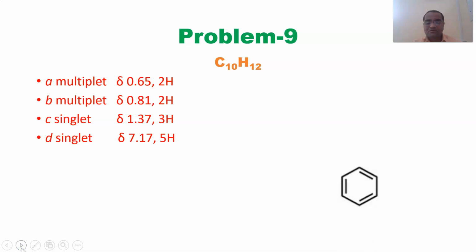See, from this, it is very well understood that it has an aromatic ring with 5H, which means it has been substituted. Now going towards the signal of C, see, it is showing a singlet. So singlet means that the adjacent carbon does not have any hydrogen placed on it. So I will draw.